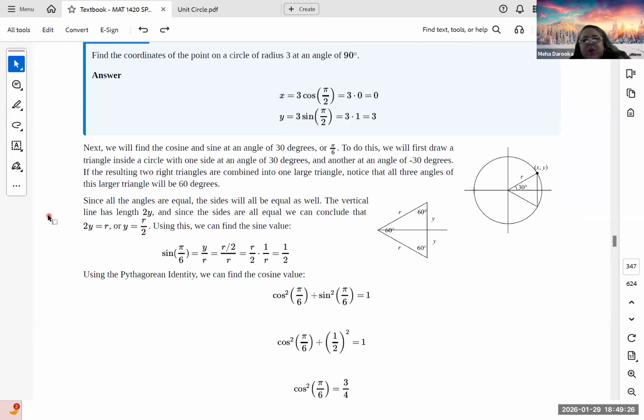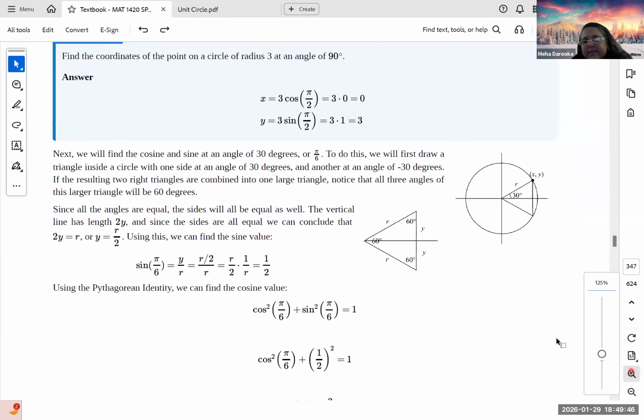So, what about a 30-degree angle? What happens when you have to find sine and cosine at a 30-degree angle, or in radians, that would be pi over 6. Of course, we go ahead and draw our circle with the triangle on the inside.